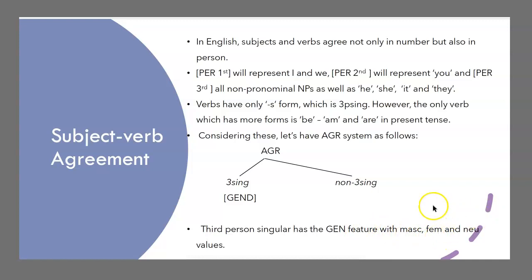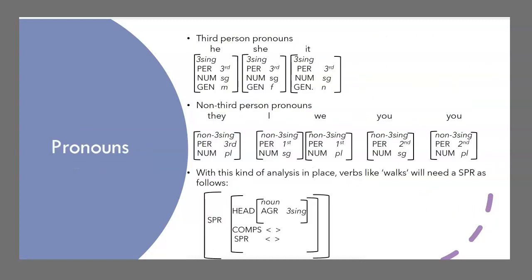Right. With this background, let's see how pronouns can be represented in terms of feature structures. Third person pronouns, there are 3. He, the AGR value is third singular. Right? AGR value is third singular, which itself is a feature structure.